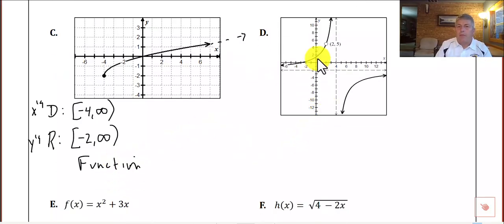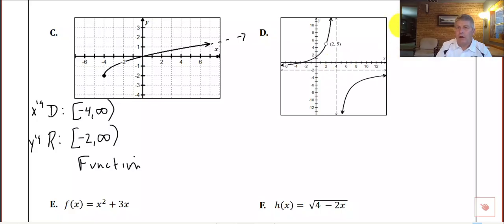Problem D, this graph, this is a function as well. For every x, we have a definite y. There's no ambiguity here. But we've got some things going on here with these dashed lines that indicate asymptotes. These are x values here at 4, that's kind of blocked off. Our function can't use an x value of 4.